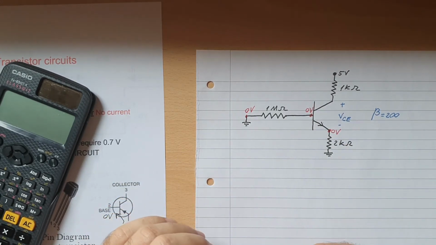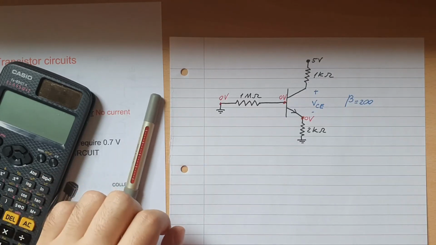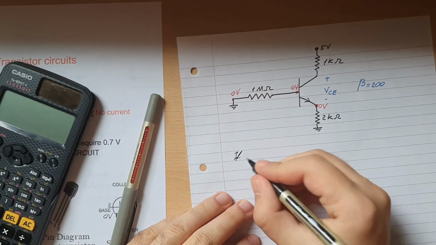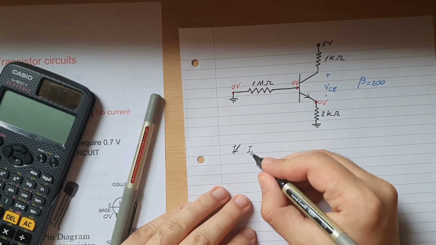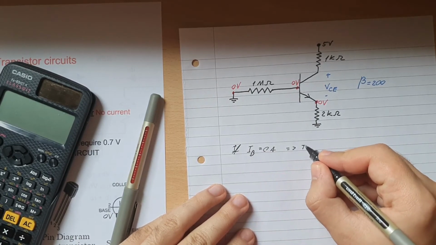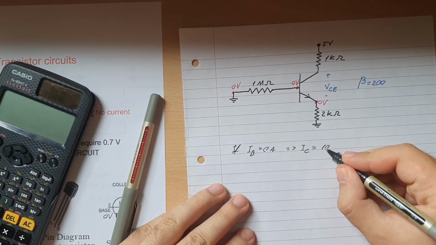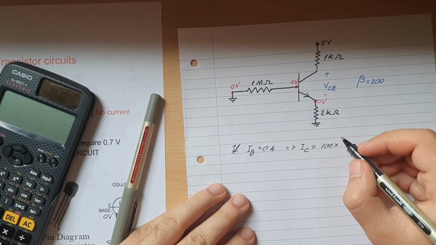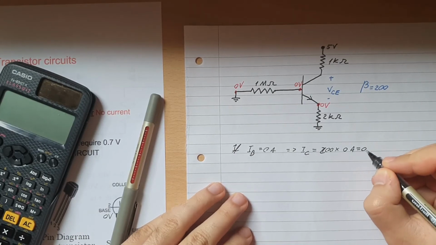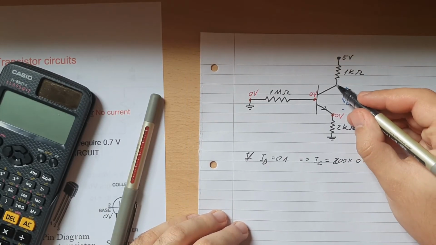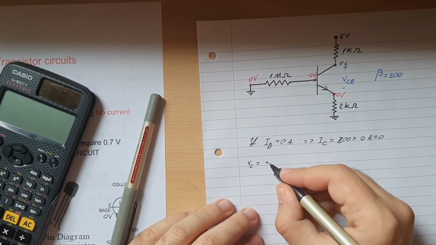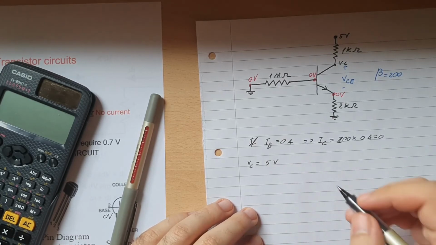And what do we have left? Well, let's see here. If IB is equal to 0 amps, therefore IC is equal to 200 multiplied by 0 amps, and that will still give us 0. Alright, and this point here, VC, will be equal to 5 volts.